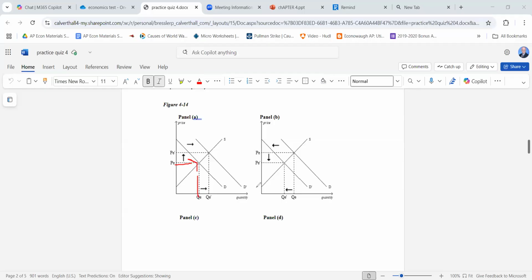Okay. So maybe I should just do one here. Let's see if I draw a graph. All right. So there are three steps when looking at a shifter.